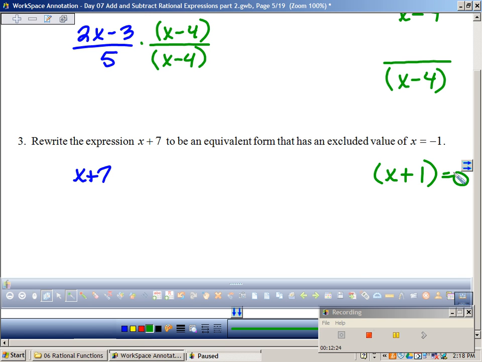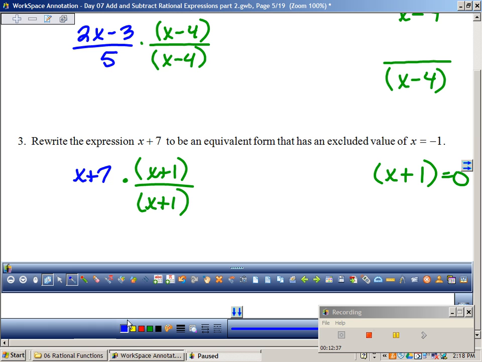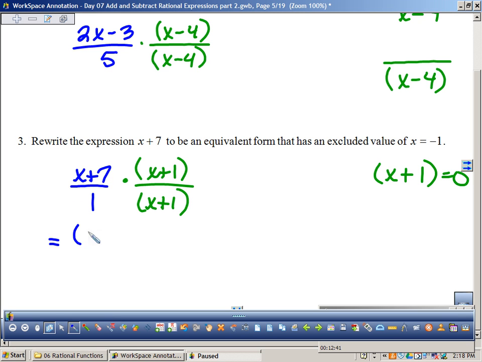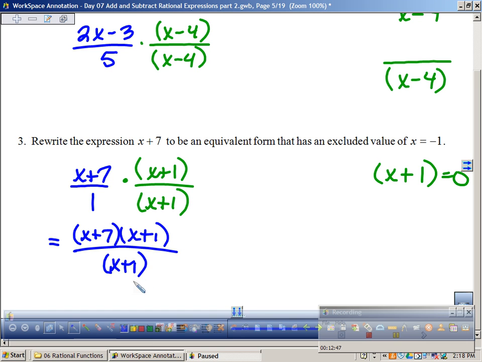So that's what we need to multiply in our numerator and our denominator. So all you have to do is just put this over 1. So this equals x plus 7 over x plus 1, over x plus 1. Make sense? Okay, let's keep going.